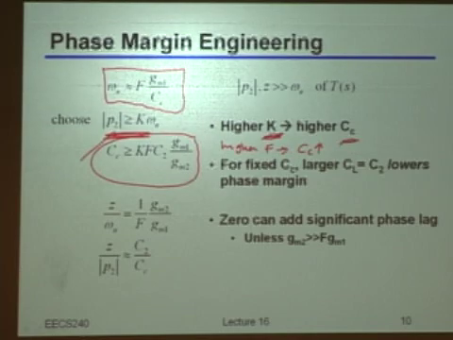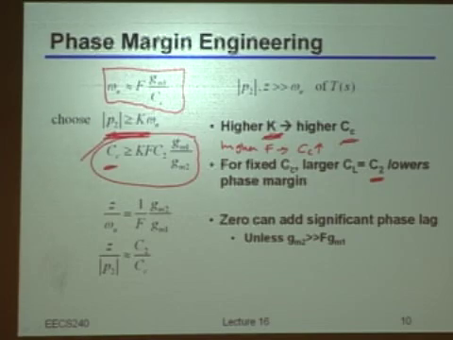On the other side, what is the impact of C2? If you need to drive a higher C2, then most probably your CC is going to be higher as well. For a fixed CC, a larger C2 lowers the phase margin. So to keep the same phase margin, you have to increase CC. Otherwise, if you fix this, your phase margin lowers.